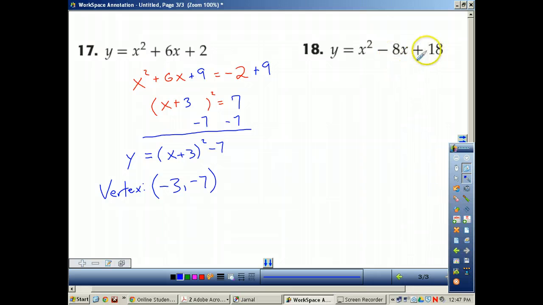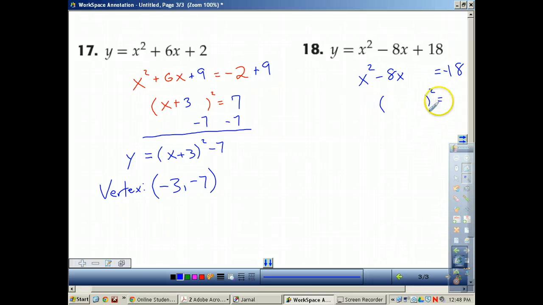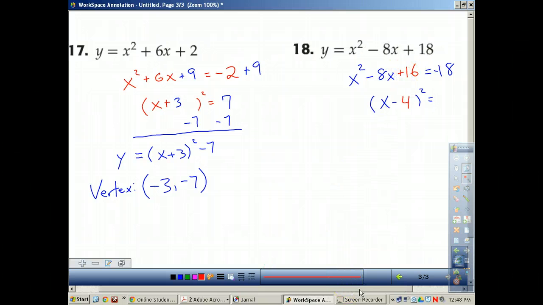Okay, so is 18 the right number? Okay, move it over, set it up. Half of -8 is -4. Add 16 on both sides.